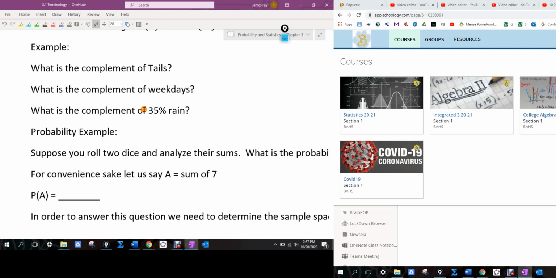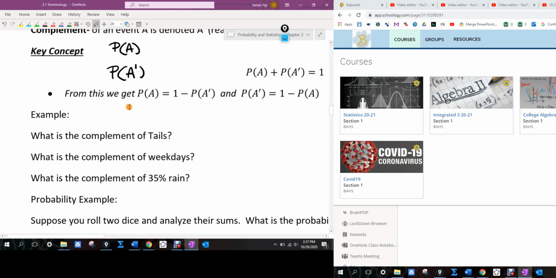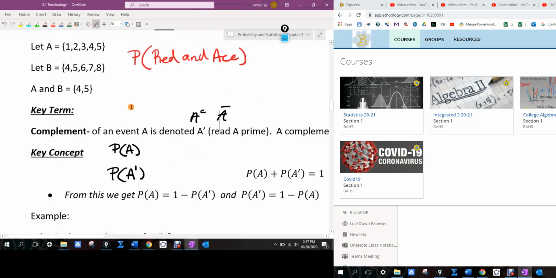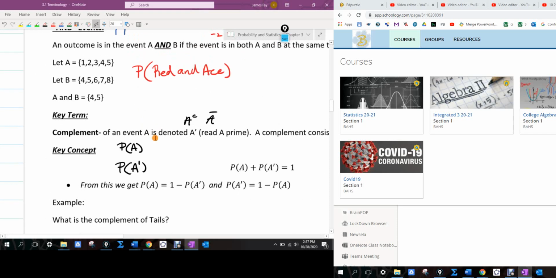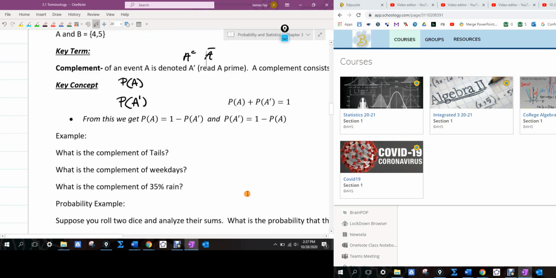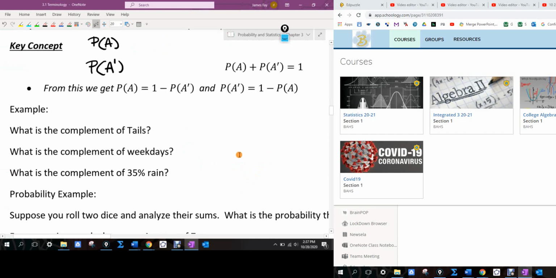7. It is. Yes. Say what? From this we get. Oh, this didn't print? Oh. Well, you might want to write that down. Sometimes yours printed that way?